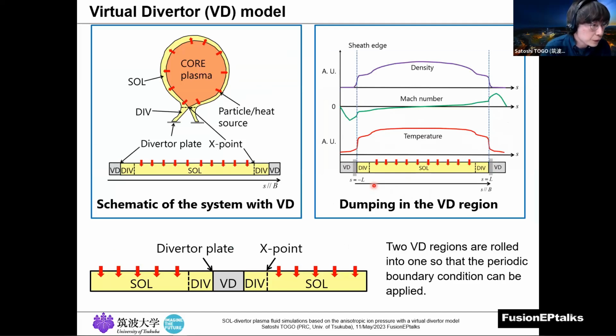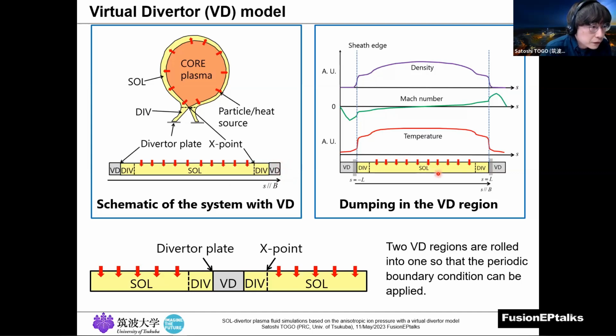And here we have some additional notes on the numerical condition. The realistic plasma exists in this yellow region, and the particle and heat sources represented by these red arrows are given in the SOL region. Beyond the sheath edge, a virtual divertor region is set.